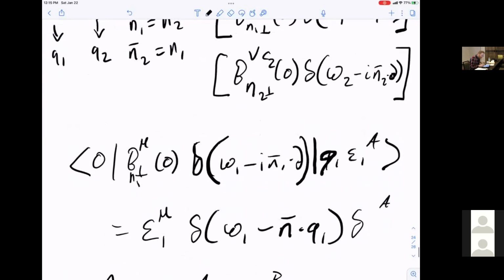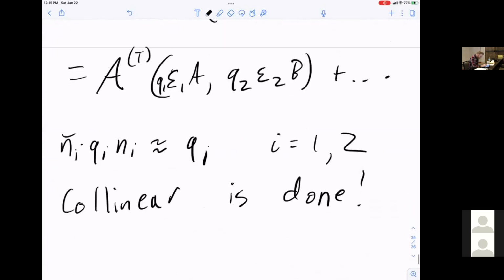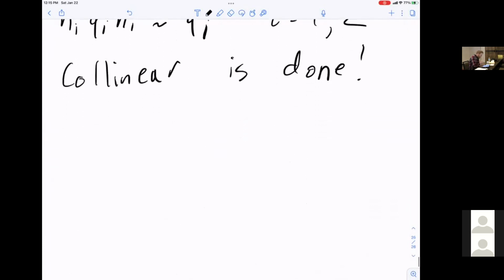And I guess here I should have my C1 there. So it's the total operator. I figure out what my hard collinear operator is. I figured out what my soft operator is. Let's just write it all down together.